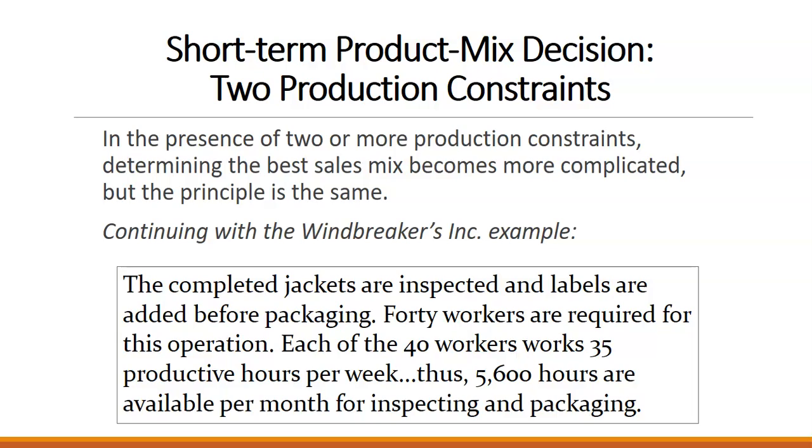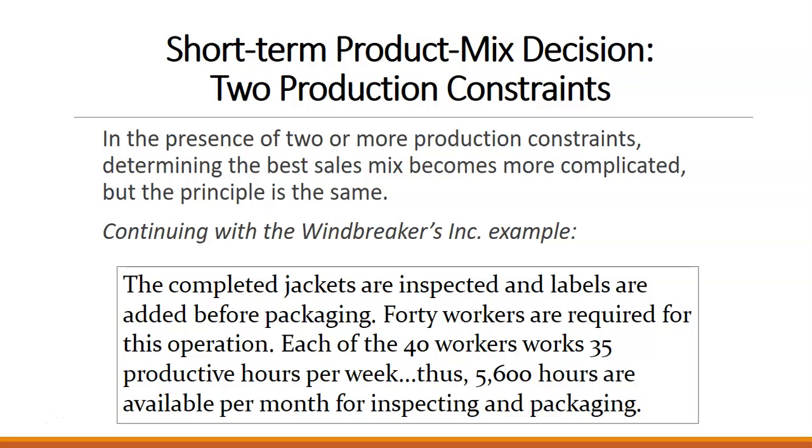If we have more than one production constraint, then we need to determine the best sales mix. And it becomes more complicated the more constraints that we have. So in addition to the sewing machine constraint, we also have inspection worker constraints. So we have 40 workers at 35 productive hours per week.